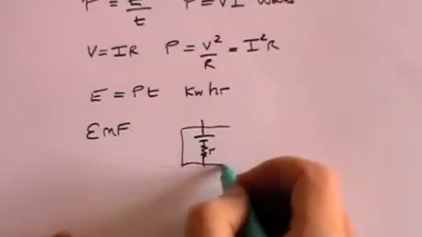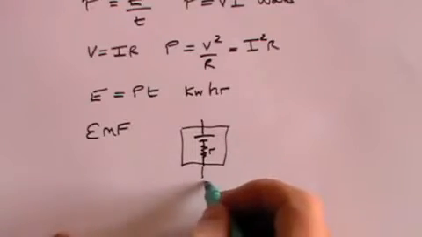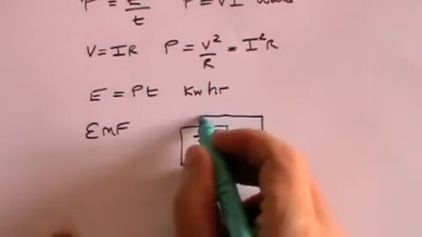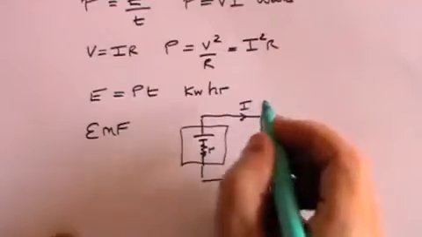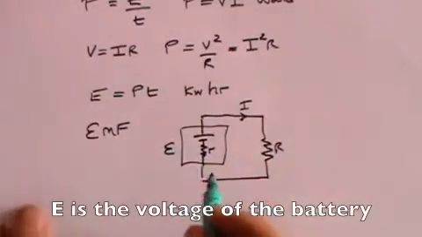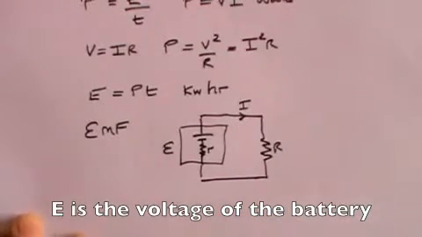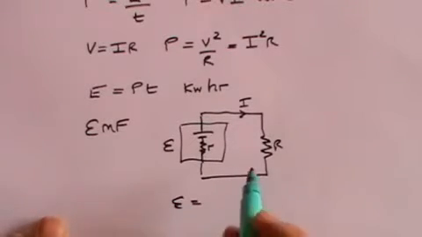This is all inside the battery. And then external to that, we have an external resistance, which we shall call capital R, and we have a current I flowing through the circuit. And the battery produces the electromotive force, EMF, which we call E, and we can say that E equals IR.